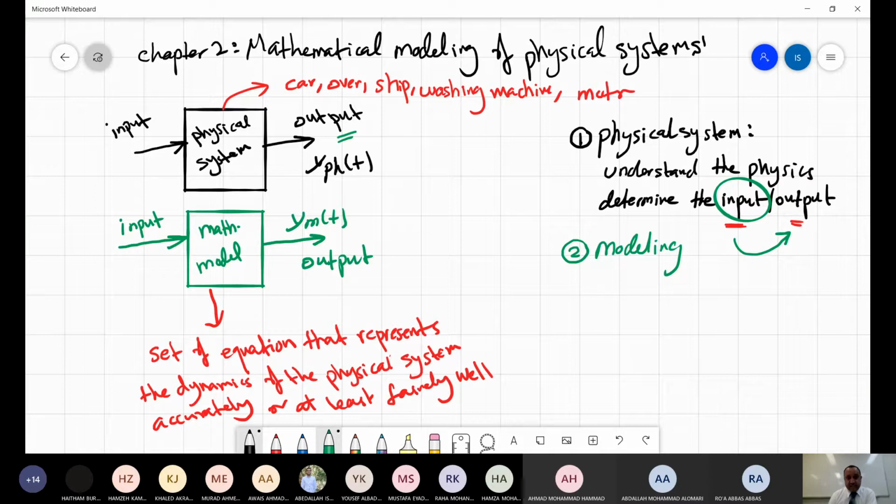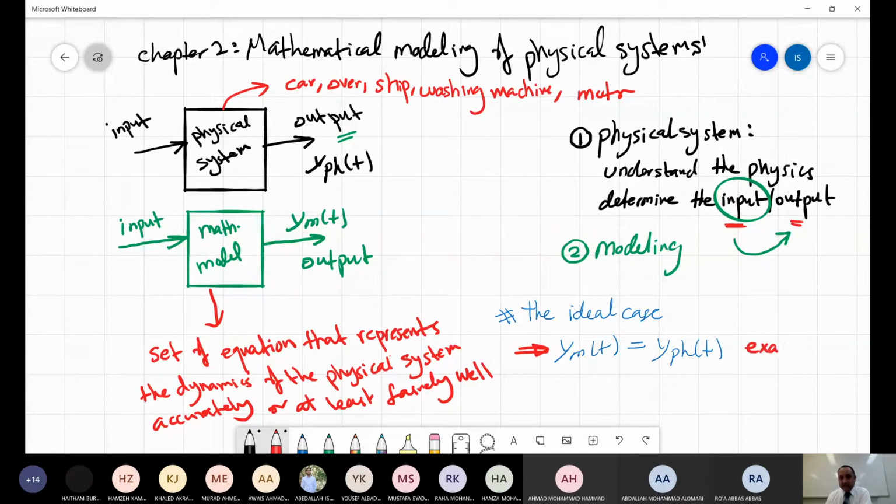So the ideal case is to have the two outputs identical, which means that y math of t is equal to y physics of t. Is it possible to achieve an accurate modeling? This is called exact modeling.